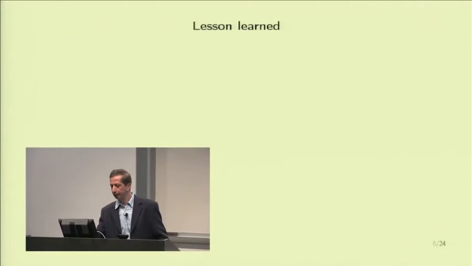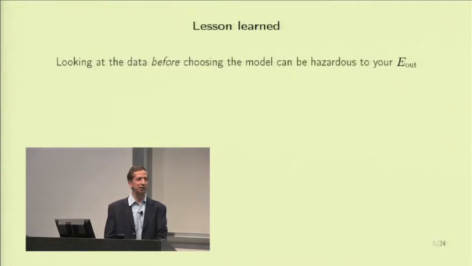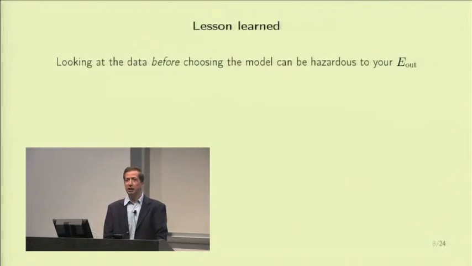And the lesson learned from this is that if you look at the data before you choose the model, this can be hazardous to your health, okay? Not your health, but the generalization health, okay? Why is that? Because now the quantity that describes generalization becomes very vague.